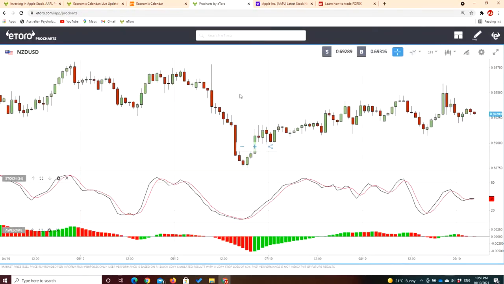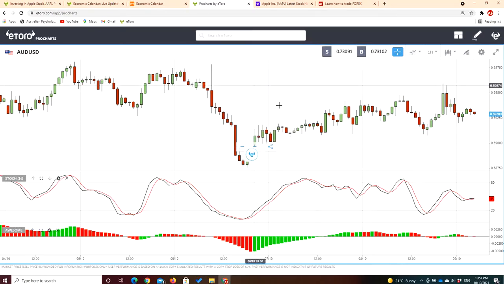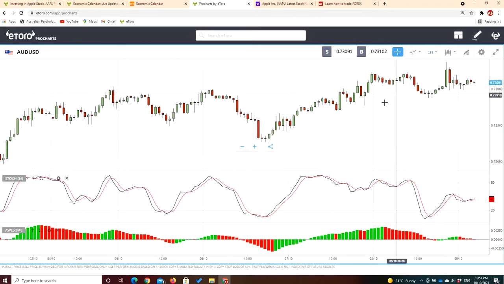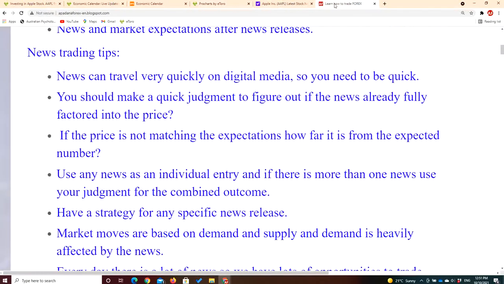So if you go to here, look for the Australian dollar, then for example against the US dollar, we are looking at hourly. You can see here it has gone up on the 5th of October. Anyway, that's one point.